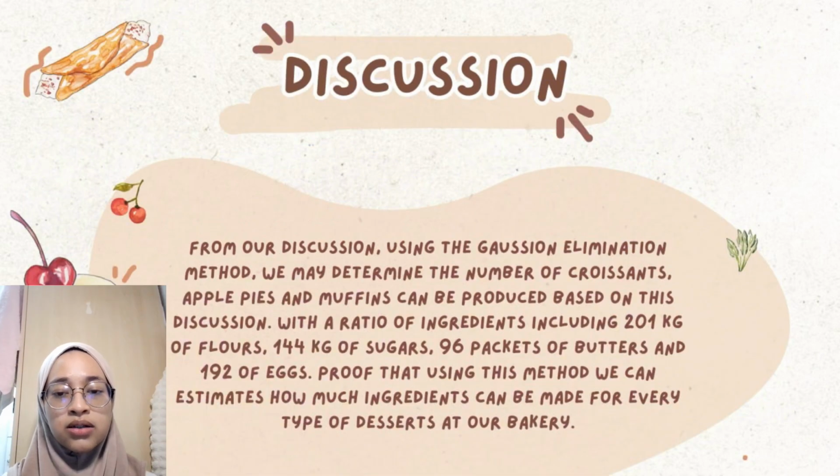From our discussion, using this Gaussian elimination method, we may determine the number of croissants, apple pies, and muffins that can be produced, with a ratio of ingredients including 201 kg of flour, 144 kg of sugar, 96 packets of butter, and 192 eggs.